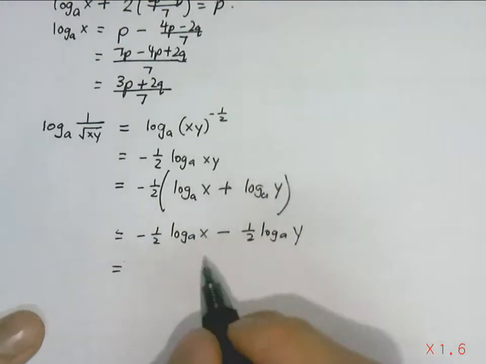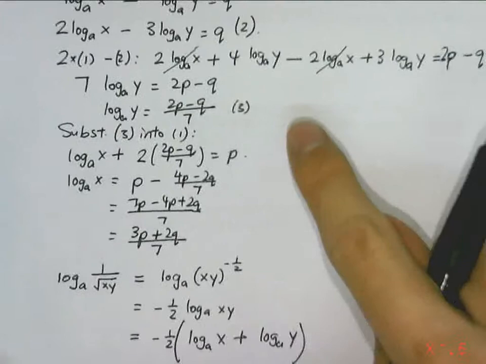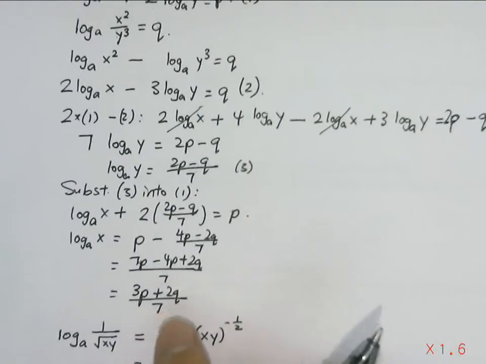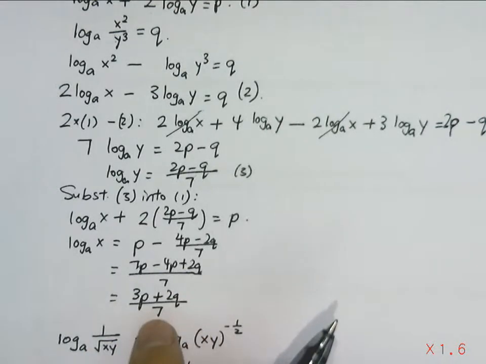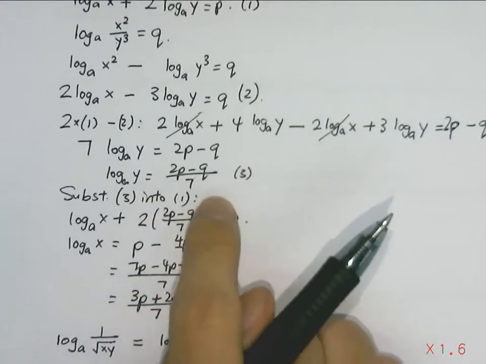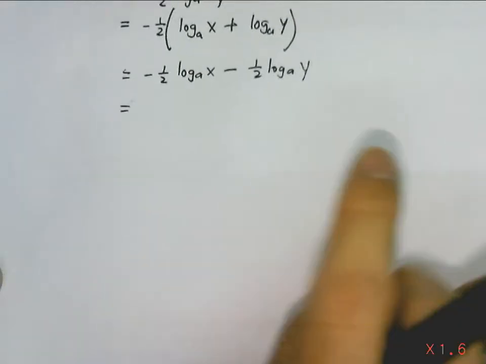So expanding, then you can substitute the log x term in terms of p and q, and the log y term in terms of p and q into the final part.